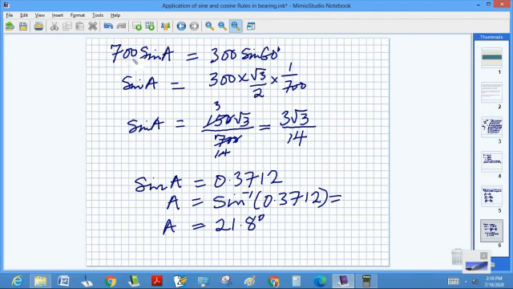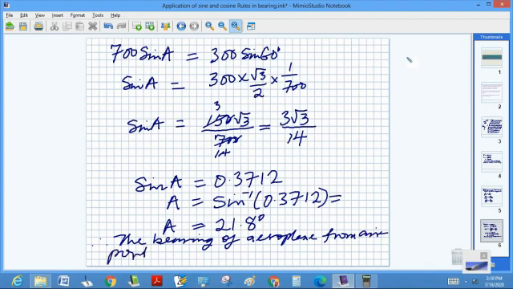Therefore, the bearing of aeroplane from airport, which is equal to theta, is equal to 021.8 degrees approximately.